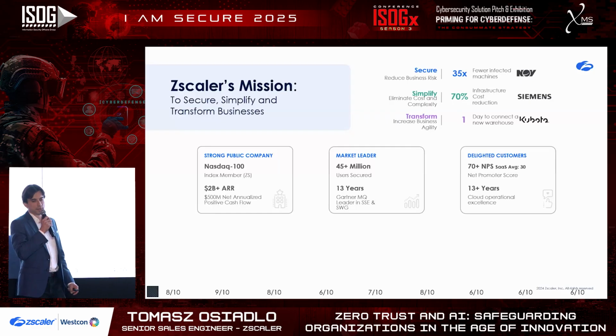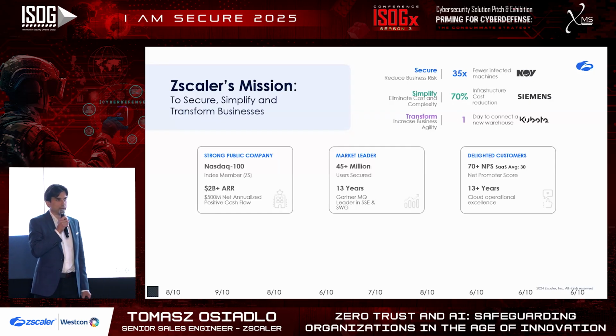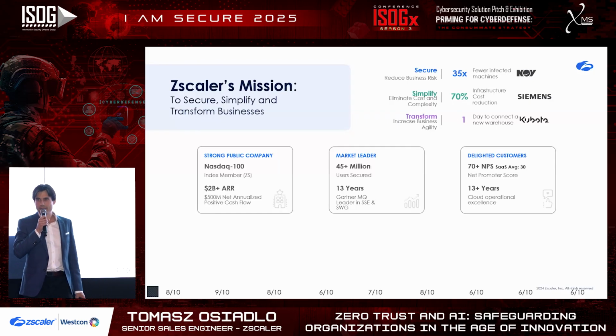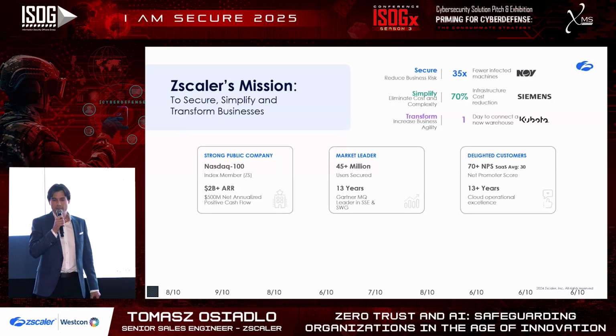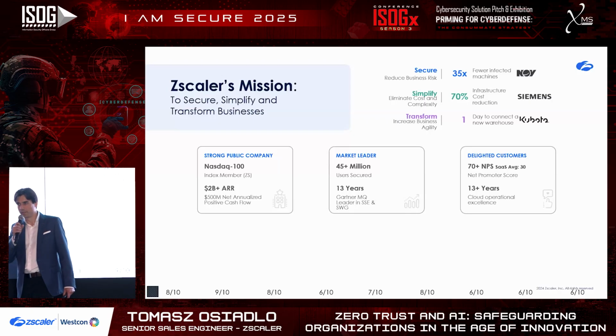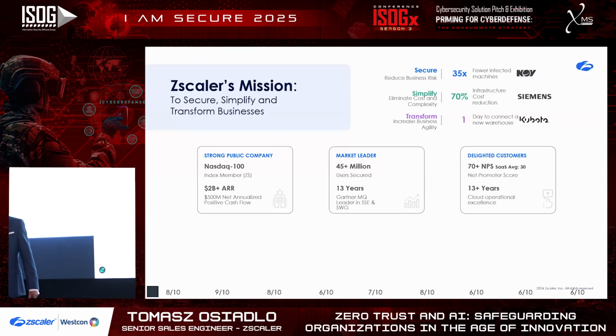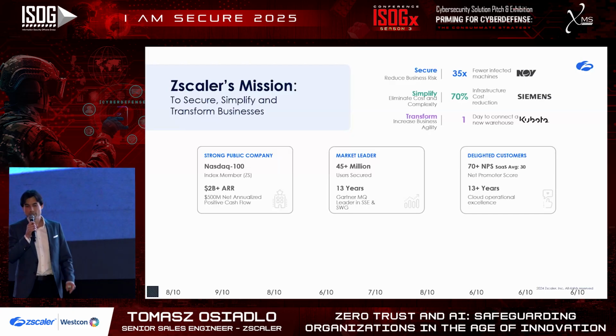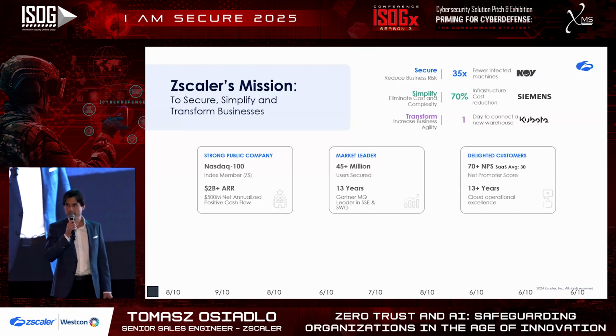Just to share some credibility with you, we are a publicly traded company listed on NASDAQ 100 and generating $2 billion of annual recurring revenue. And we believe that we are the market leader in the SSE space, Secure Service Edge, as we are constantly regarded by Gartner as the leader in their Magic Quadrant.